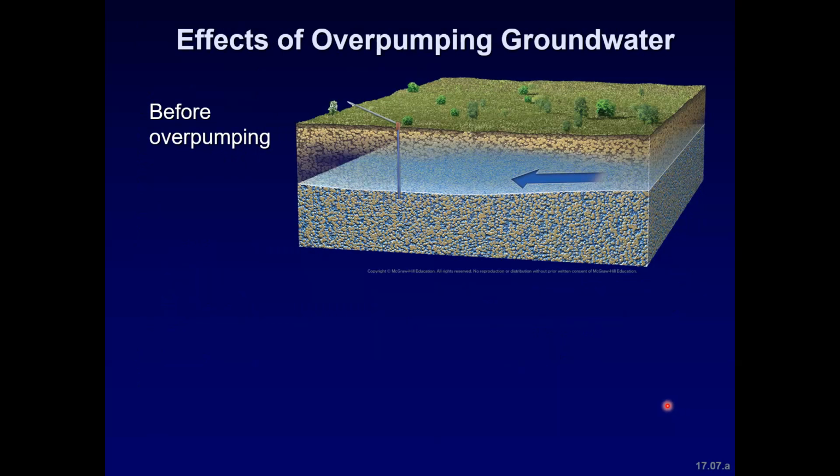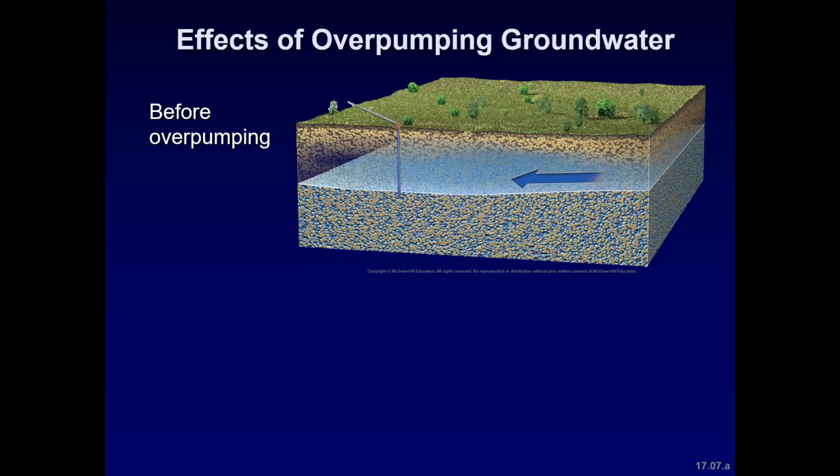And with that, we do think about overpumping of groundwater from a well. Okay, so this is a water table before it was overpumped. And overpumping is basically pumping more water out than can recharge to maintain this water table. So before overpumping, the water table is fairly flat.